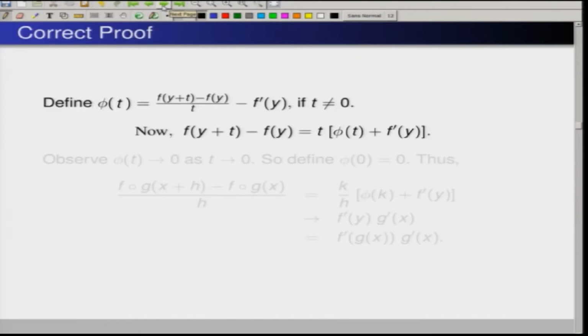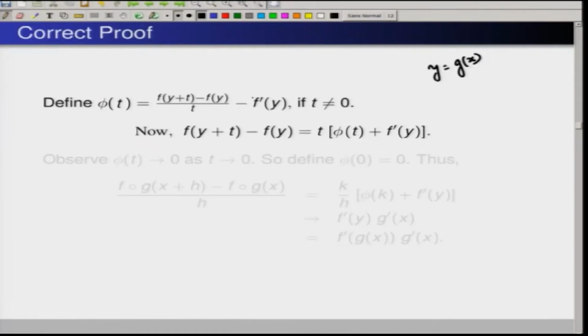Instead of looking at k, we need to avoid the possibility that k can be 0. So y is as before, I am taking y to be g of x. Define phi of t equal to f of y plus t minus f of y, divided by t, minus f prime of y, because f is differentiable at y, that is at g of x, when t is not equal to 0. I do not know yet what happens when t is equal to 0.